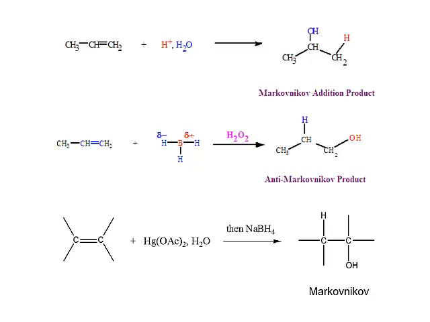We could add H and OH Markovnikov, where the H and the OH would add 50-50 of cis and trans if we use H plus H2O.